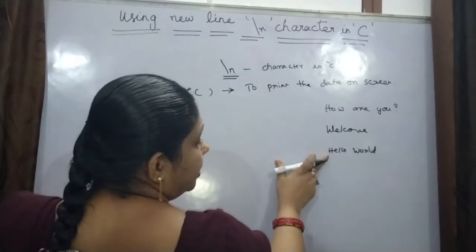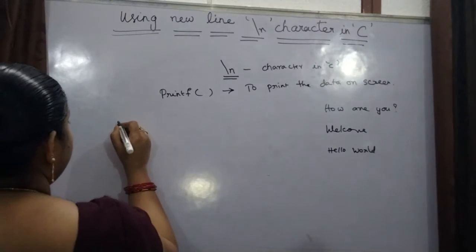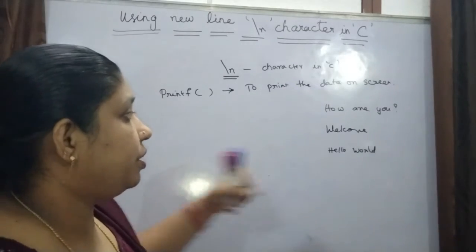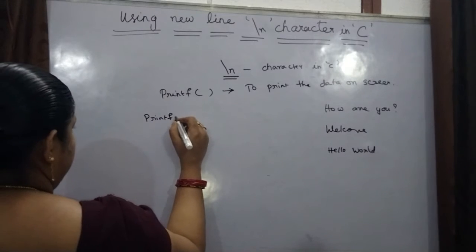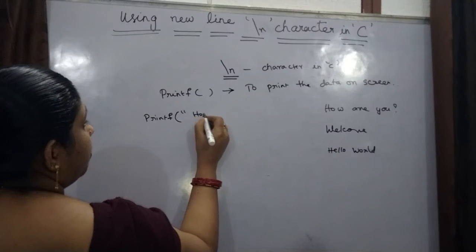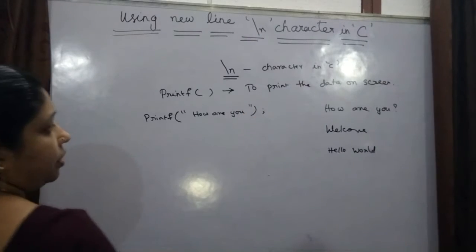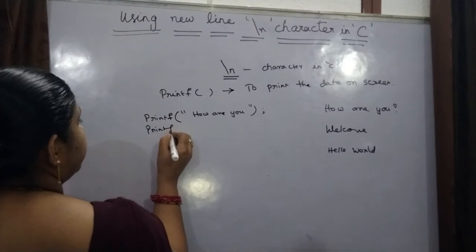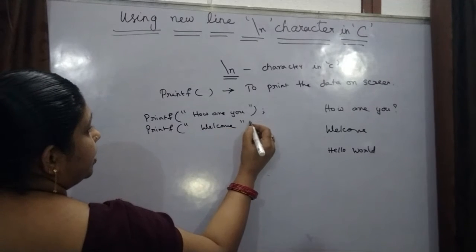Now you want to print the data like this. For this, I will write and show the syntax. printf, open the braces, double quotes, how are you, close it. Next, for welcome, I am writing printf, open braces, welcome, close it.